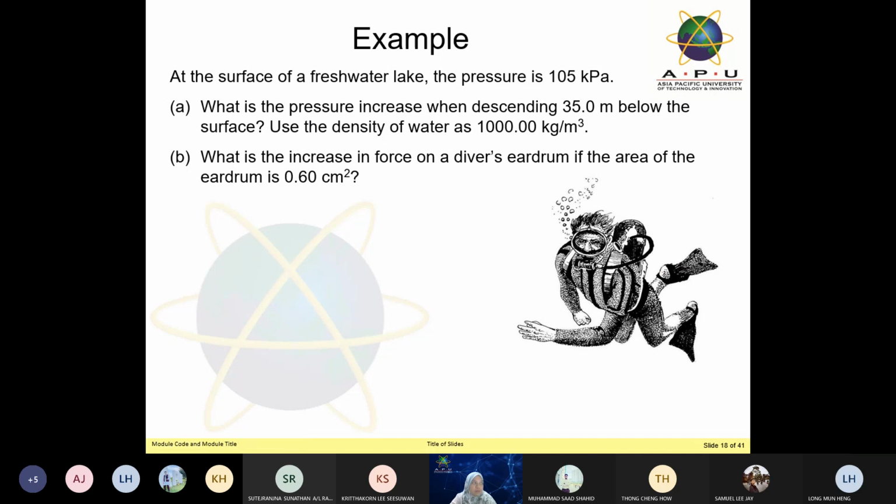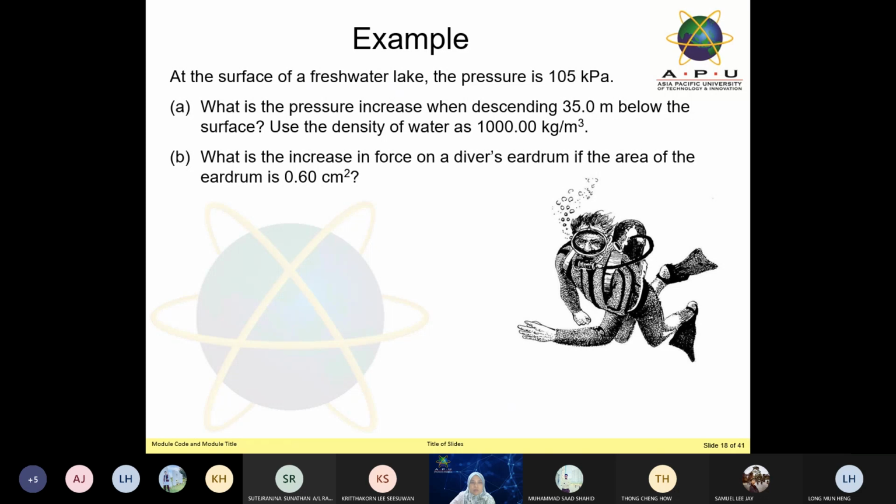At the surface of the freshwater lake. Okay, so it is important to know whether it is fresh water or sea. Sea will have different density. That is why you must read carefully which type of water. Fresh water has a different density compared to the sea, because the sea is salty, right?